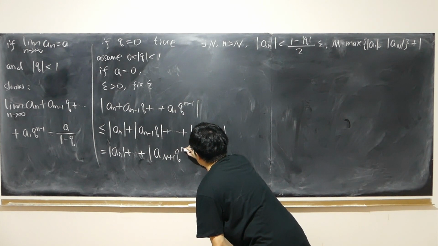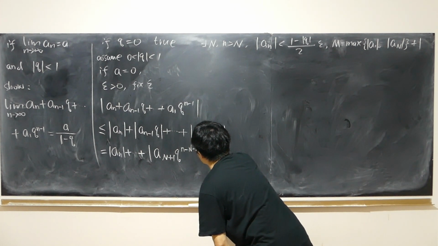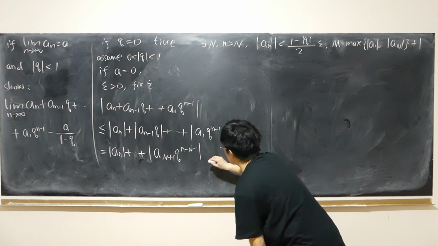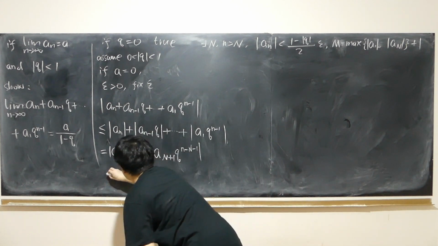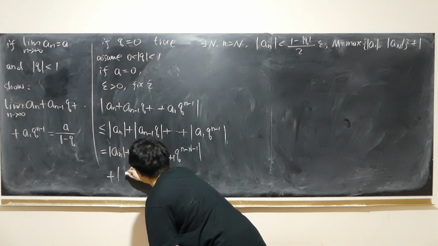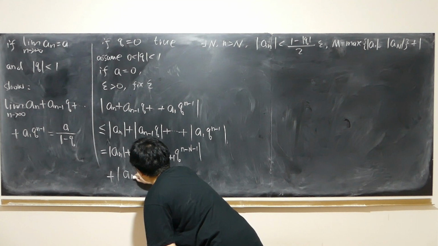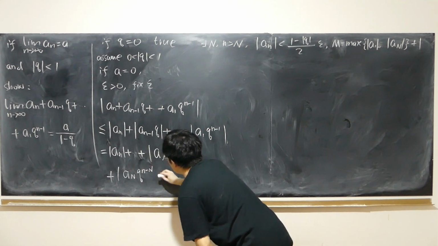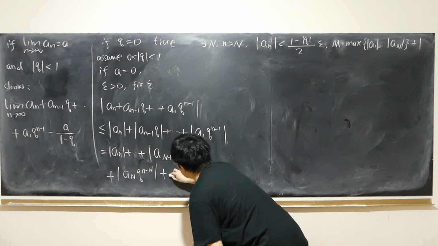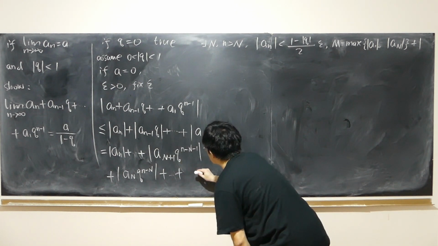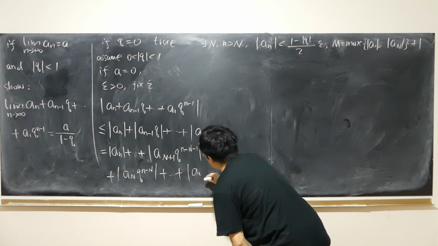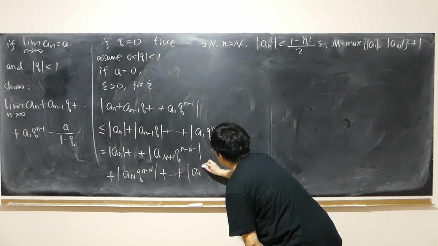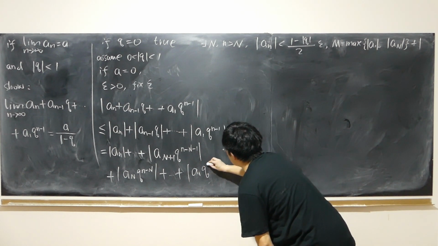So it's n minus capital N minus 1. Right, this is the first part. Second part, plus the absolute value of a_N times q to the power of n minus capital N, plus all the way to the absolute value of a_1 times q to the power of n minus 1.